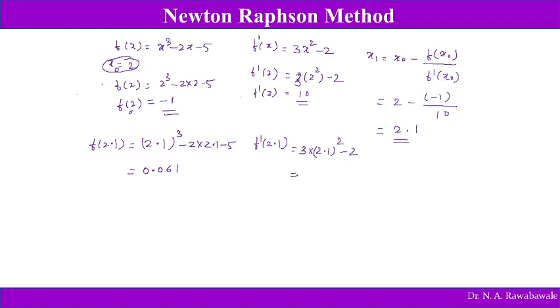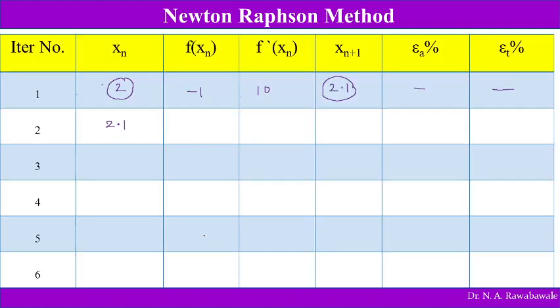So f dash of 2.1 we get here as 11.23. So f of 2.1 and f dash of 2.1 we got like this. We substitute this in this table. F of 2.1 is 0.061 and f dash of x is 11.23.